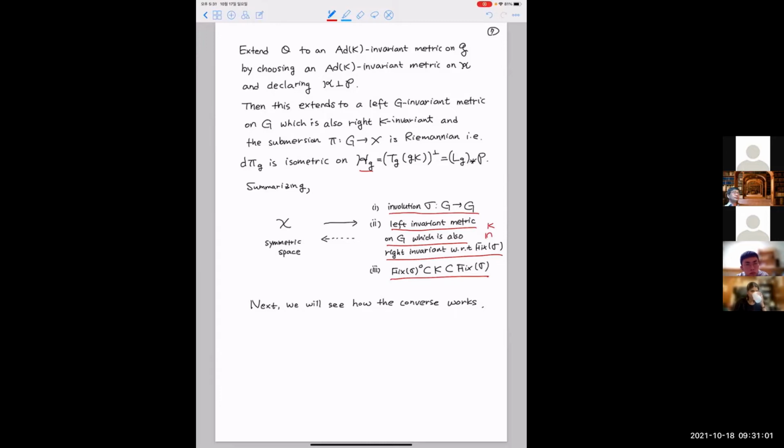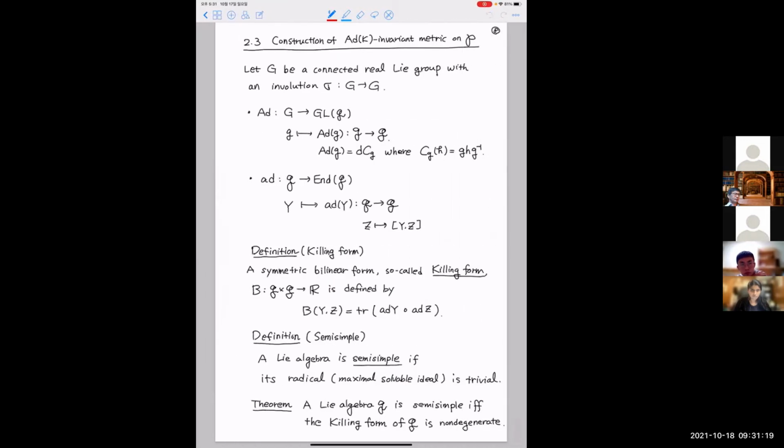Next we will see how the converse works. That means that if you have an involution of the Lie group G with this kind of metric, then you can define a symmetric space.